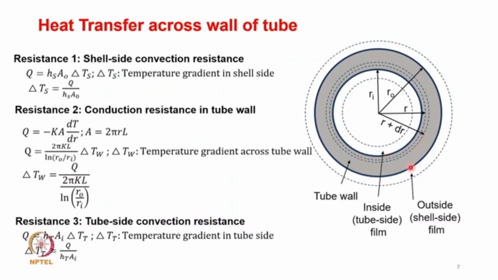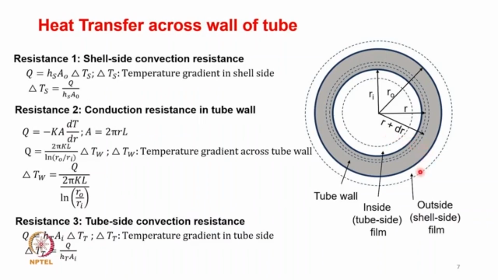This is inside the tube, and this is outside the tube. Let r denote the radius at any point inside the tube, Ri is the inside radius and Ro is the outside radius. And to get any delta thickness inside the tube, we use the notation r plus dr.